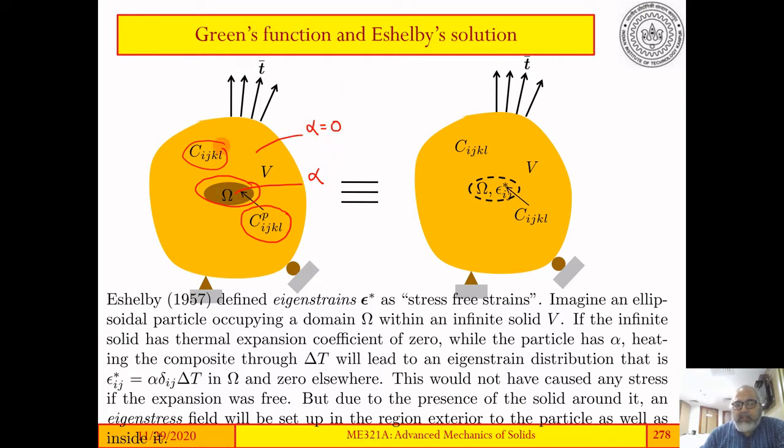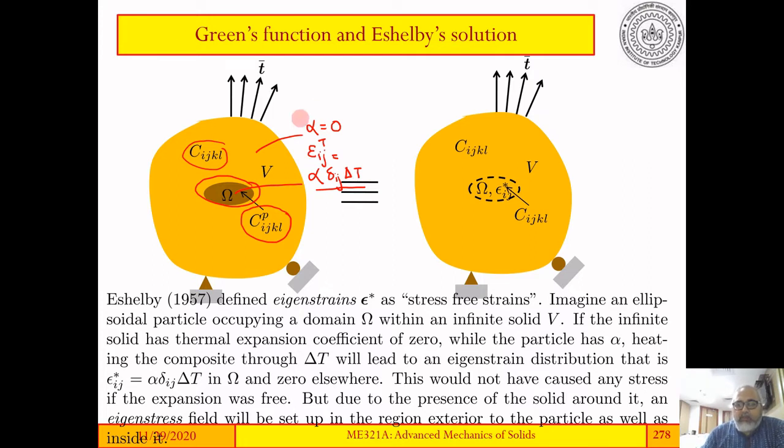Then if you heat the whole assembly through delta T, this particle would like to expand with a strain which I'll call epsilon_ij^t equal to alpha delta_ij into delta T. This would be the strain that would result if the particle were able to expand without any obstruction from the rest of the infinite body.